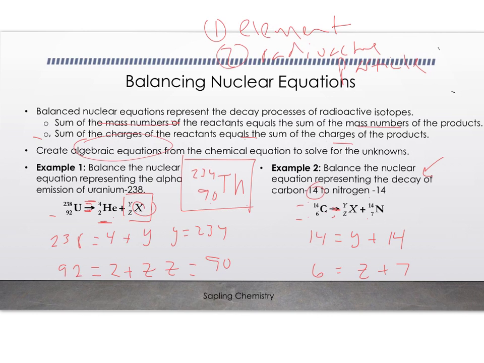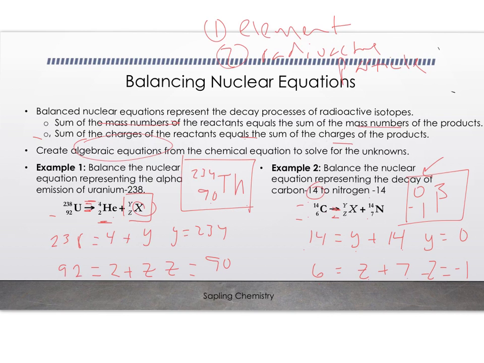Recall that anytime you see the yield arrow, that is where your equal sign should be. My Y, using algebra, is equal to 0, because 0 plus 14 is still 14. But now my Z: what plus 7 yields 6? Negative 1. So I have a mass of 0 and a charge of negative 1. That is represented by my beta particle, and that would be example number 2.